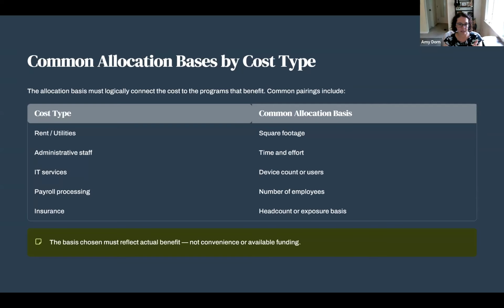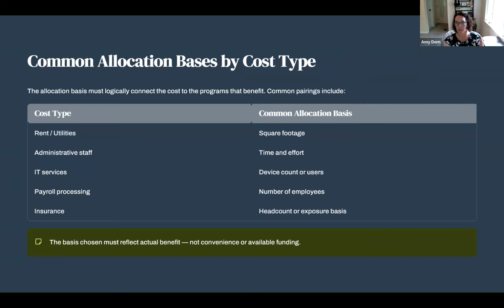Rent and utilities can be based on square footage. Your administrative staff, which can sometimes be charged via the indirect, that's going to be your folks who are not strictly administrative, like your HR person or your financial people.